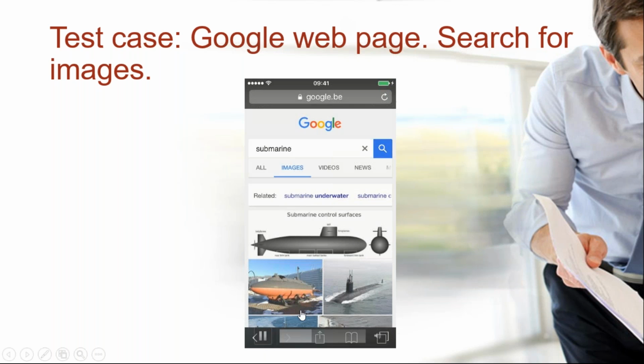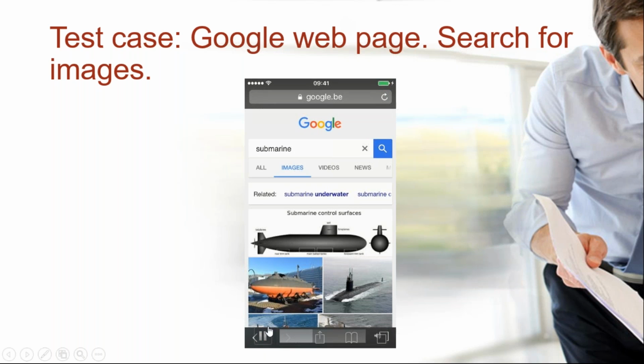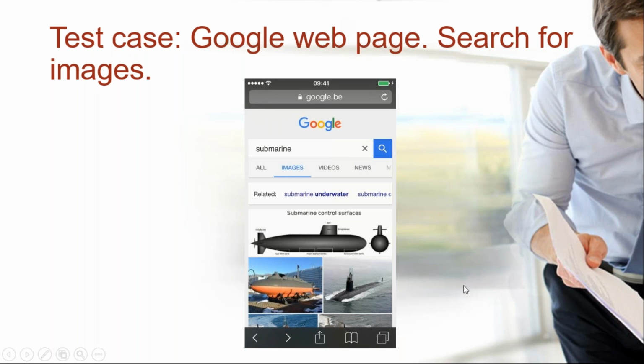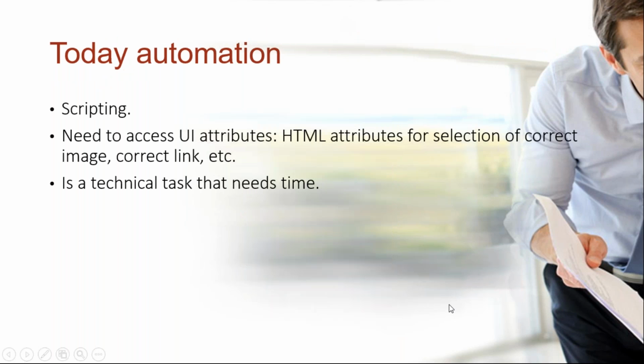So as soon as we have the image up there, we will close the image by clicking on the X, and then we just go back to the home page of Google. So this is the script that you want to automate.